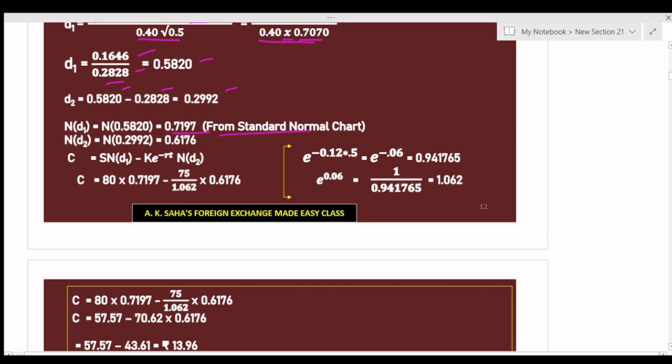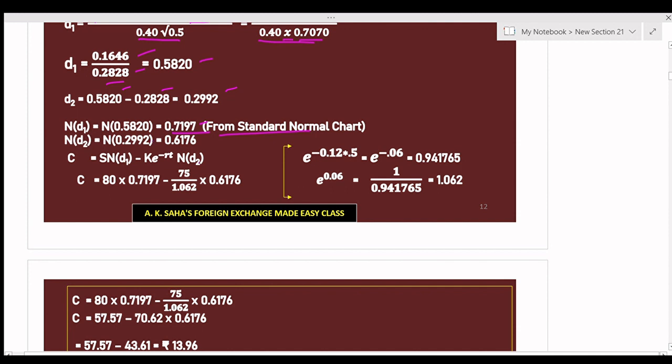Instead of that it is written here 0.7197 due to another factor. I have taken only 0.58, and in the table there is an additional chart for 0.002 that is not given in the chart, so it is taken as 0.7197, which is a very negligible value.